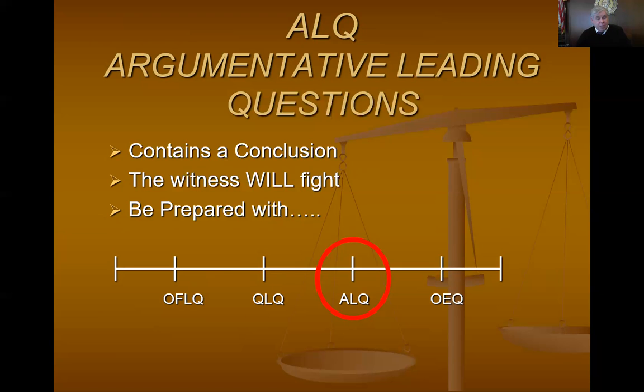On the other hand, if we're prepared when we ask that question, and usually we ask that question expecting the fight, wanting the fight, we have to be prepared to slide all the way back down to one fact leading questions. And so we might say, you're a hypochondriac, aren't you? No, I'm not. Well, let's talk about the first time that you went to the doctor, and specifically Dr. Smith.